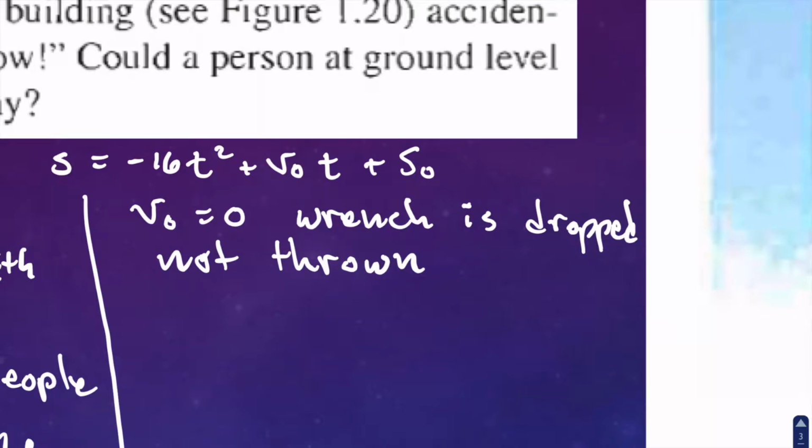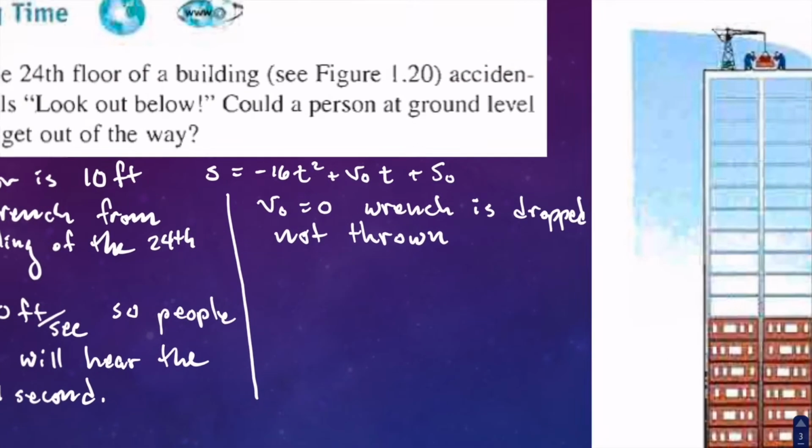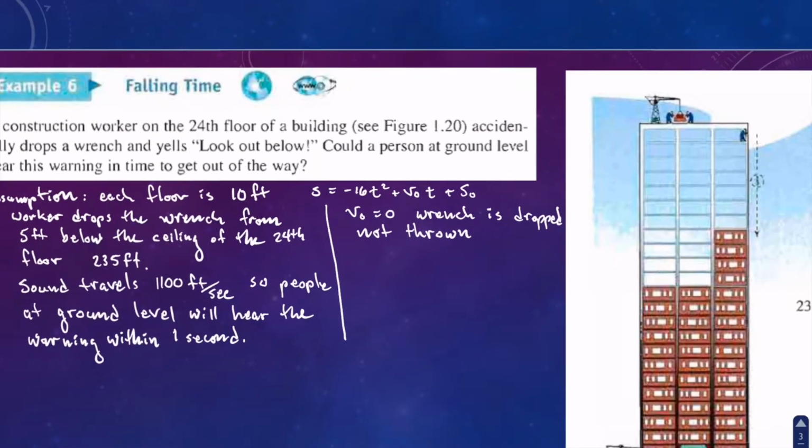The wrench was dropped and not thrown, so the initial velocity is 0. And s sub 0 is the initial height of where the wrench was dropped from. And S itself tells us where we are positionally for the wrench.